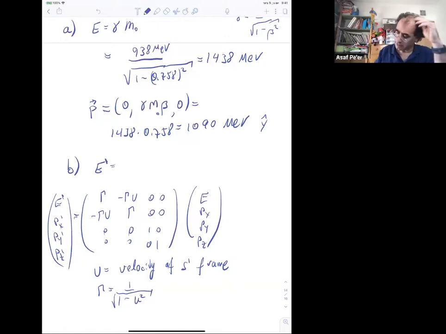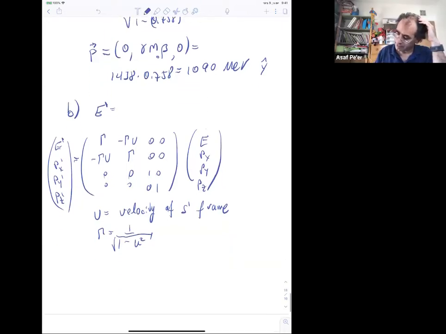Let's write it down here. E prime is just gamma times E minus U Px, right? This is the formula that you get. You're just multiplying a matrix and a vector, this is what you get.